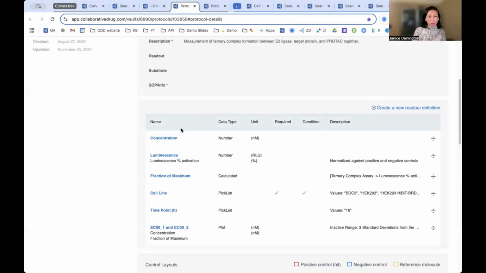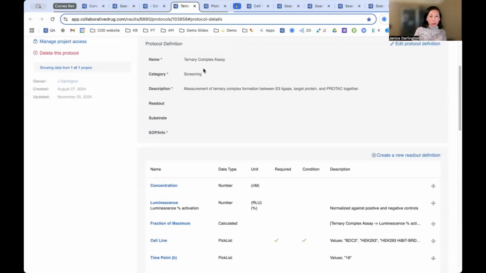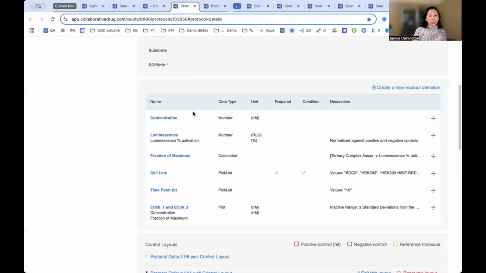If you'll remember, when we created that protocol for the ternary complex assay, we were looking to feed in concentration and luminescence that was normalized against positive and negative controls. We then took that percent activation and reported it as a fraction of the maximum.